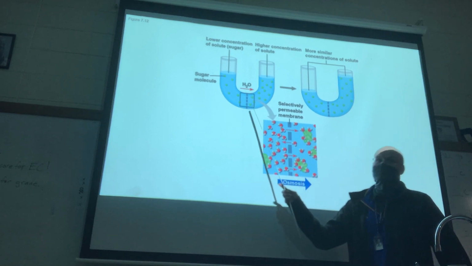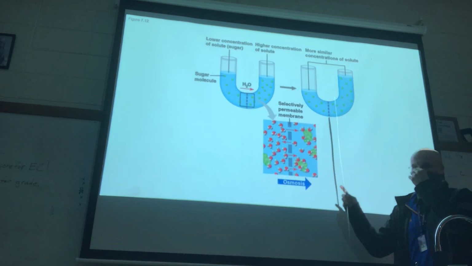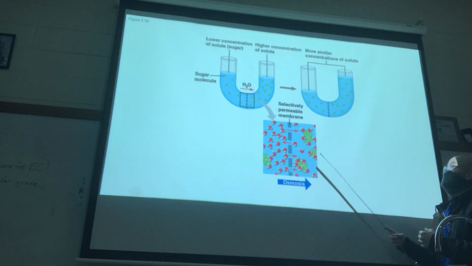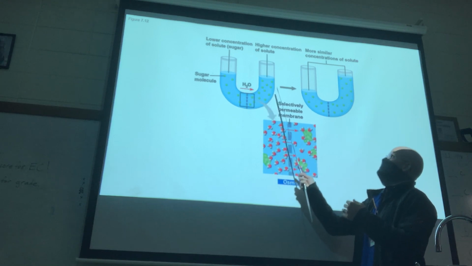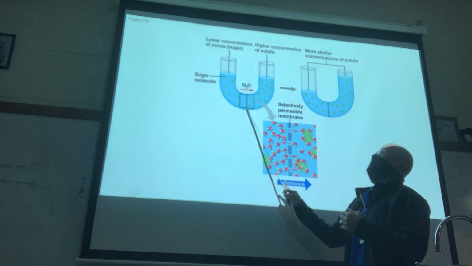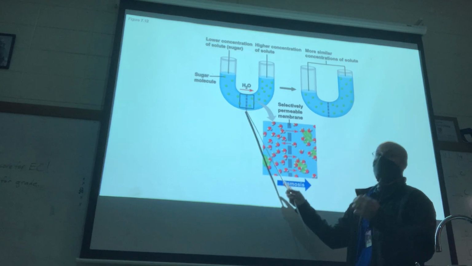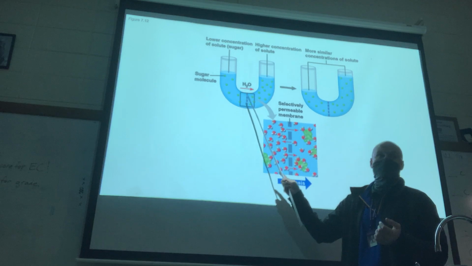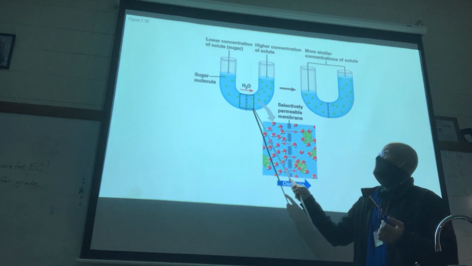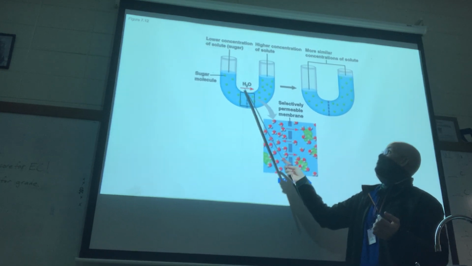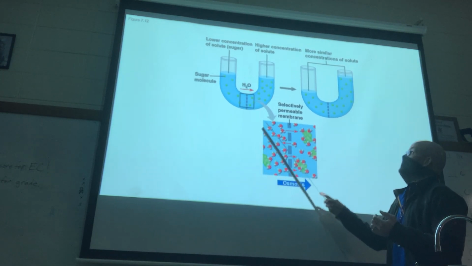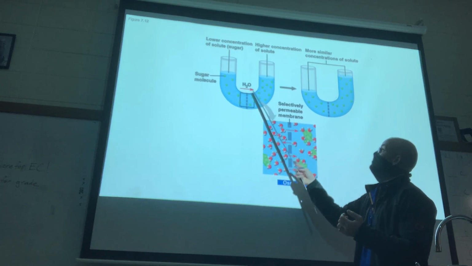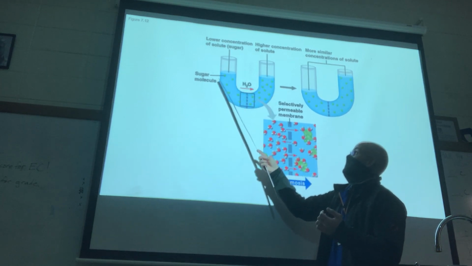So this is a classic diagram that you see all the time in biology, and maybe even in chemistry a little bit when you talk about these things. But here we have this construct where you have a barrier, a membrane, that will not let solute particles cross. It will only allow the movement of water. And you can see in this diagram, you've got more solute on the right side versus less solute.